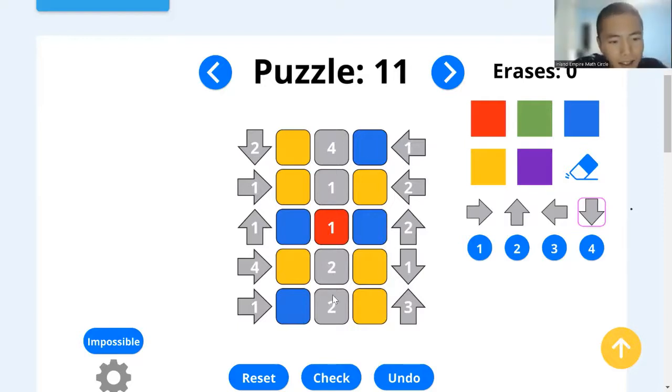Okay, so perhaps we have to go up this time. So we're going up. Perhaps there's a green color. No, let's start with up this time. So 1 is up, and another up.